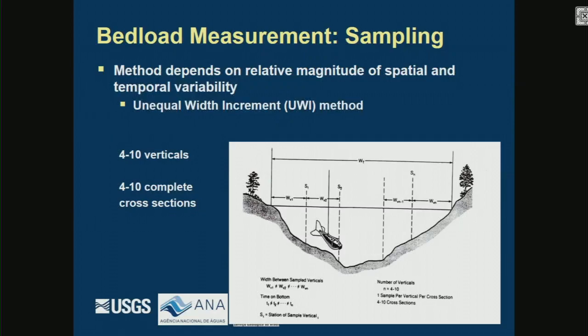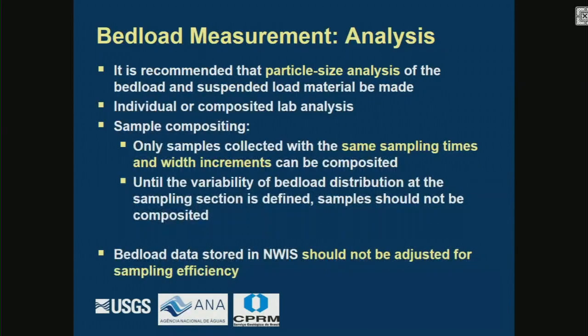You want to focus on that section, and this is a really wide river, so there's some flexibility in our techniques and methods that you can actually do unequal width increments with bed load. Depending on your project goals, what you want to do with those samples, analyze them for particle size, or you just want the mass, it's up to your project goals.